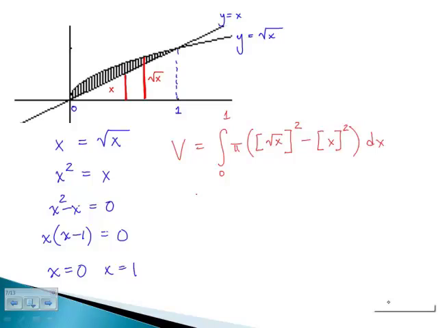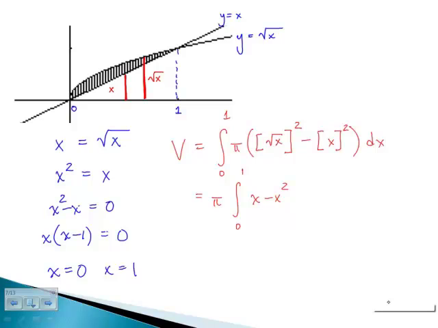To clean this up a little bit, we will take the pi and multiply it on the outside of the integral. So we have pi times the integral from 0 to 1. Once we square the square root of x, you're left with x. And when you square x, you have x squared.